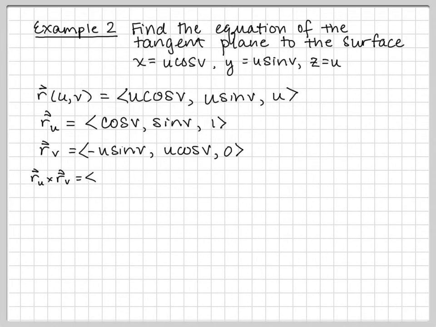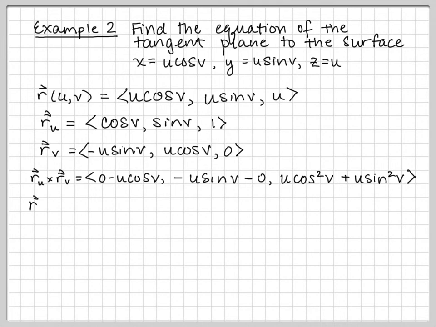And what am I going to get? I'm going to get 0 minus u cosine v. Then I'm going to get negative u sine v minus 0. And lastly, I'm going to get u cosine squared v plus u sine squared v.